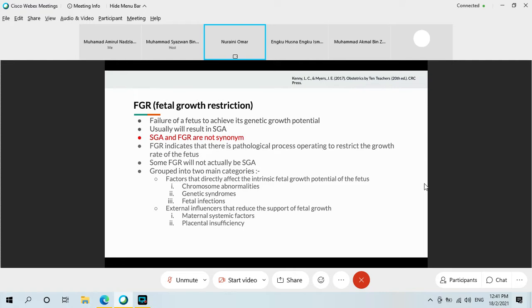Okay, so they are grouped into two main categories. First, factors that directly affect the intrinsic fetal growth potential of the fetus, and external influences that reduce the support of fetal growth.